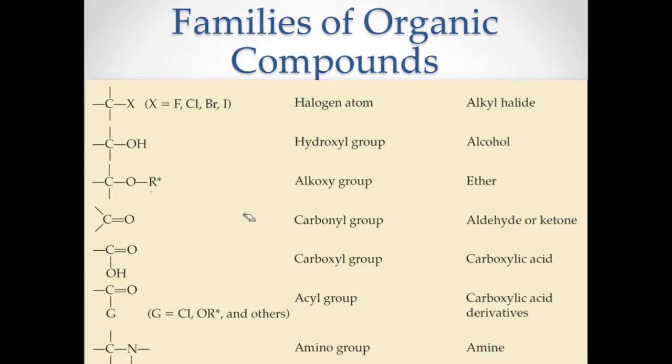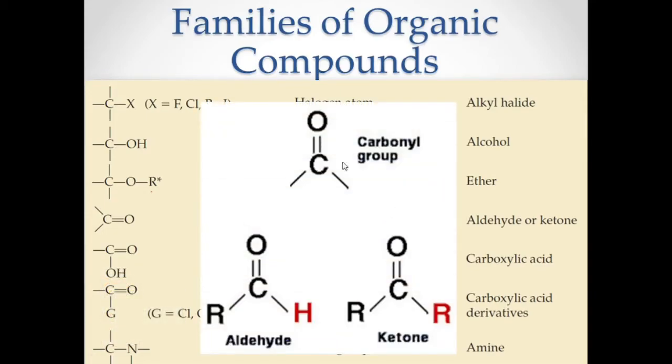So what is the difference between an aldehyde or a ketone? If you have a carbonyl group, and you have an R there, then it could be an alkyl or an aryl. So if the other side is an H, then automatically it is an aldehyde.